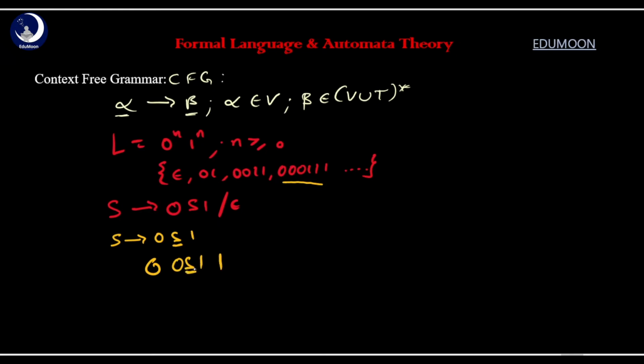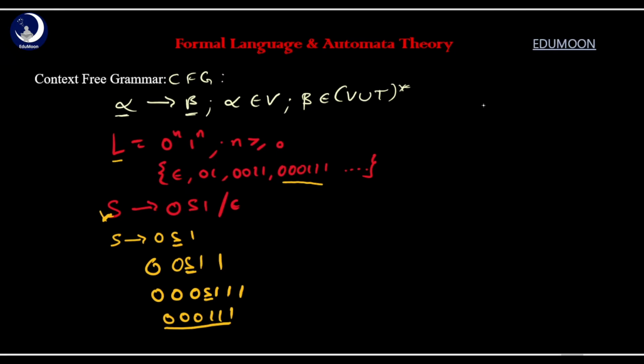Again this S is replaced with the same production rule, giving 0 0 0 S 1 and the remaining two ones. Finally this S can be stopped using the epsilon production. So finally it becomes 0 0 0 1 1 1, which is the string we wanted. Likewise any number of strings can be generated using this grammar rule.